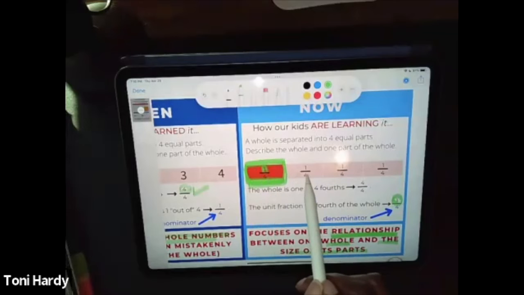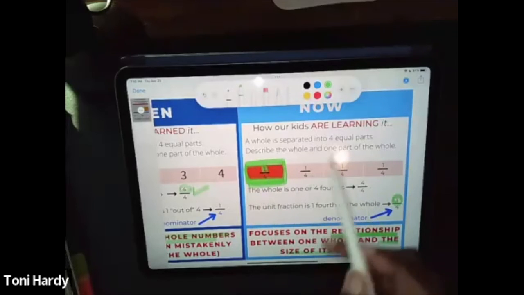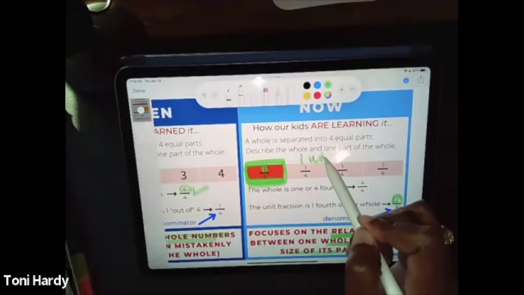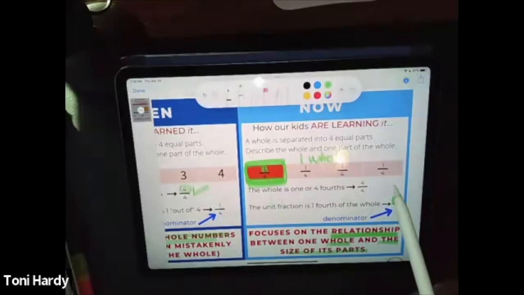So 1/4, 1/4, 1/4, 1/4 more, that makes one whole. All of this is a whole. And we make copies of this 1/4, which means they all have to be equal parts or equal sizes. That's something that our kids are missing.